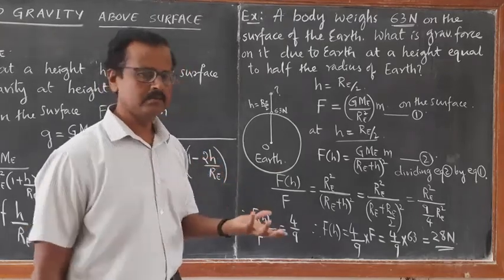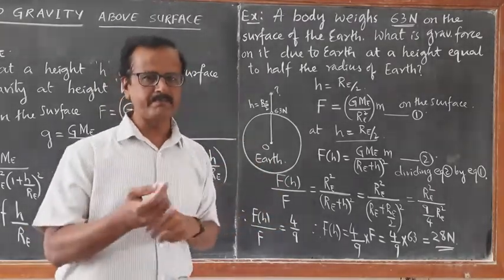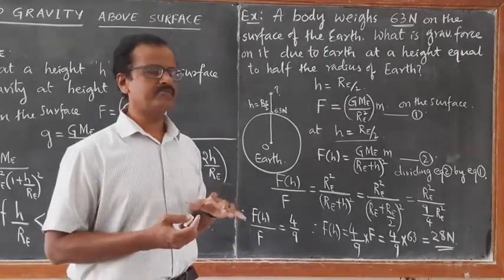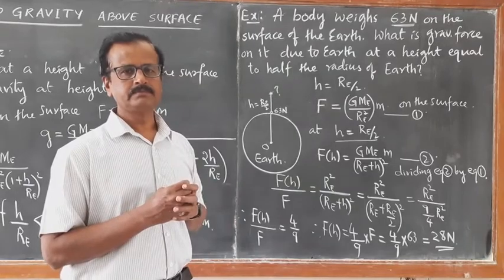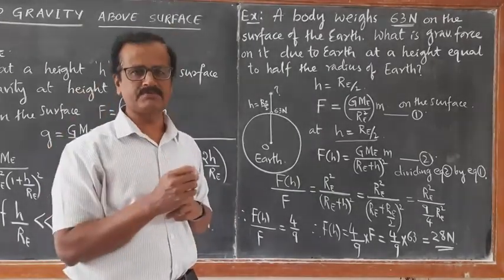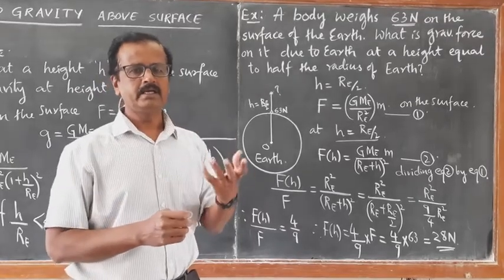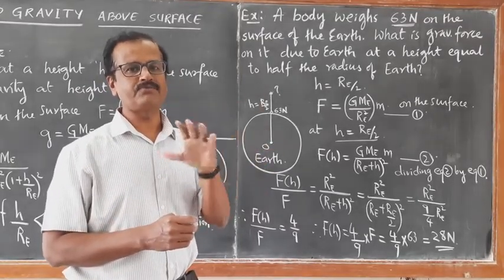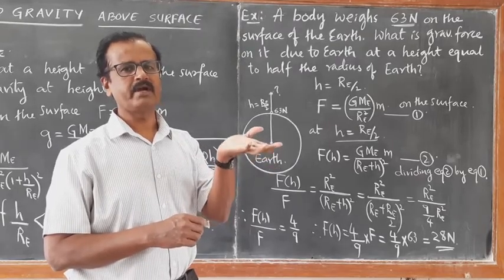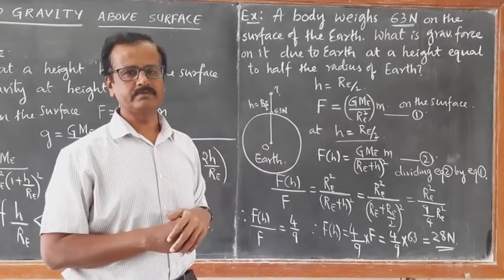Now you can ask the same question in a different manner. Suppose a body is weighing 500 Newton. To what height should the body be raised from the surface of the Earth so that its weight is reduced to half, that is 500 by 2, 250 Newton?